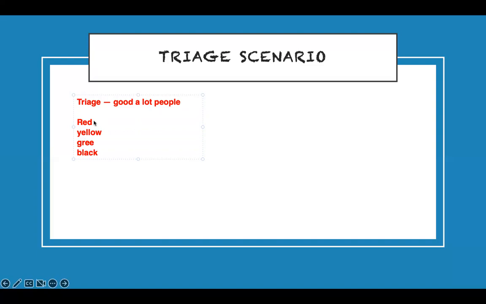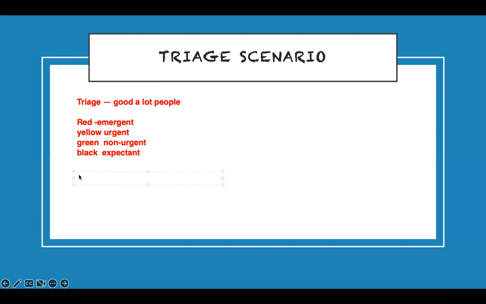The red is basically emergent, okay. So red is emergent, and the yellow is urgent, basically. Green is non-urgent. Black is expectant. That means they're going to die. For the exams, okay, you shouldn't worry about the yellow and the green because they're going to ask you who do you prioritize.